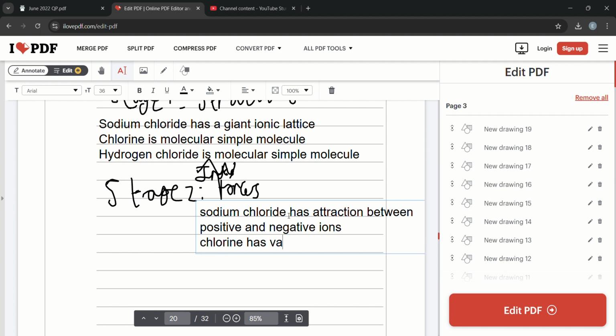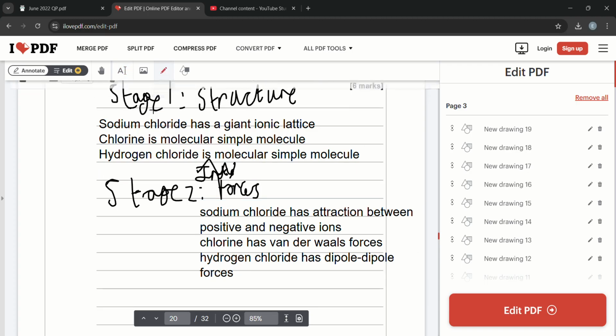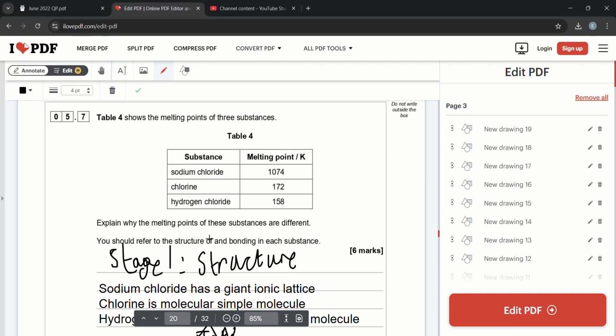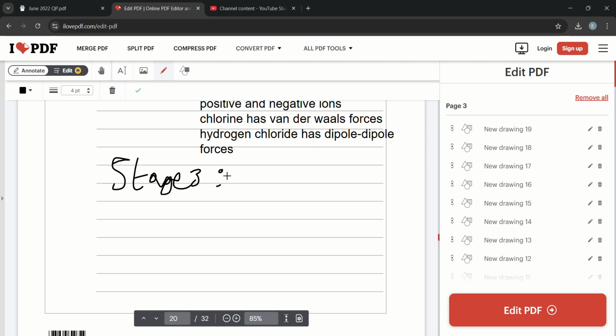Chlorine has van der Waals forces, and hydrogen chloride has dipole-dipole forces. And now stage 3, what we actually wanted to do, which is compare the melting points.